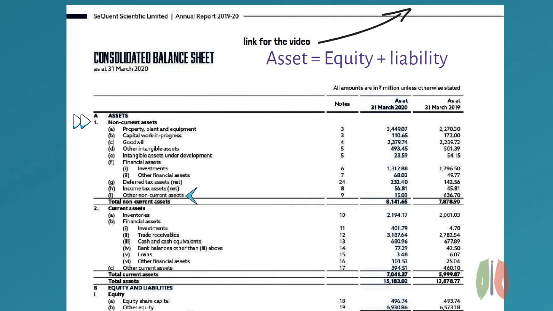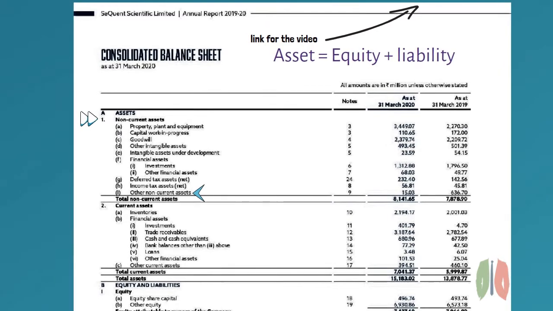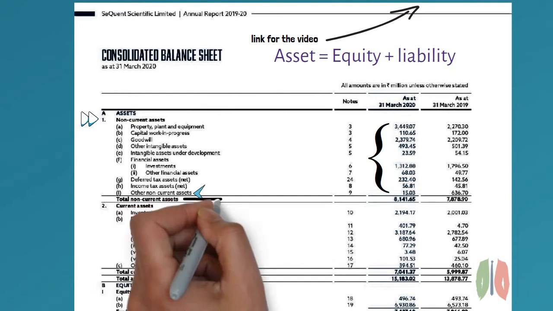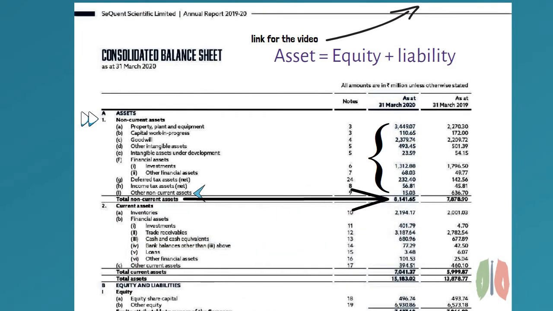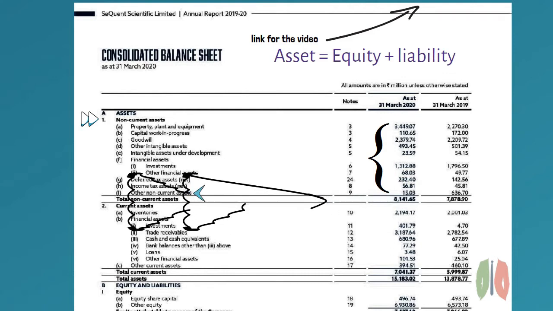They will remain for a lifetime, so they are under the non-current assets part. So the total non-current assets account up to 8141.65.